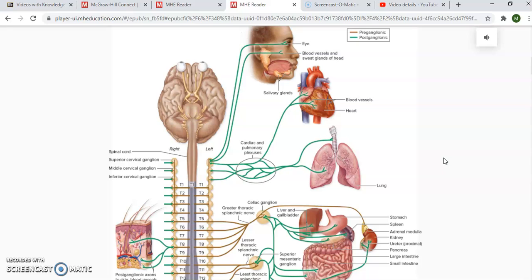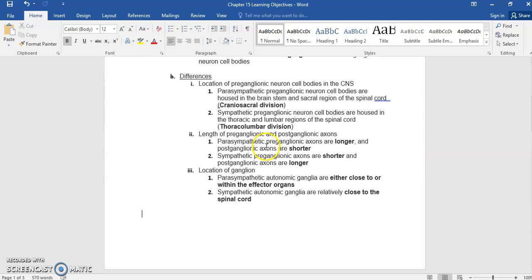And then the sympathetic is just opposite. It has the shorter preganglionic motor neurons and the longer postganglionic motor neurons. So that is our second anatomical difference.